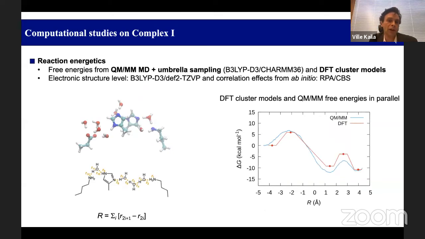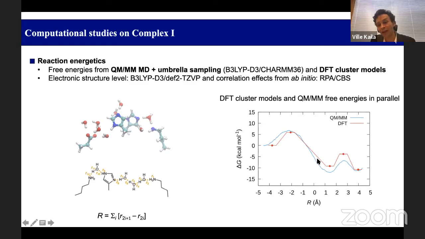What we also favor very much in my group is to use density functional theory-based cluster models, where you try to represent the key chemistry of the system. I like this type of approach because you can also study the system very well with ab initio methods and do good electronic structure calculations. We have started using, for example, the random phase approximation quite a lot in recent years to look at these processes.